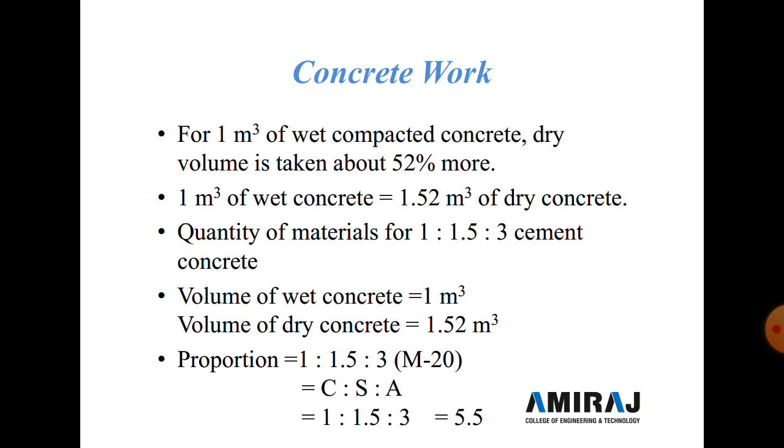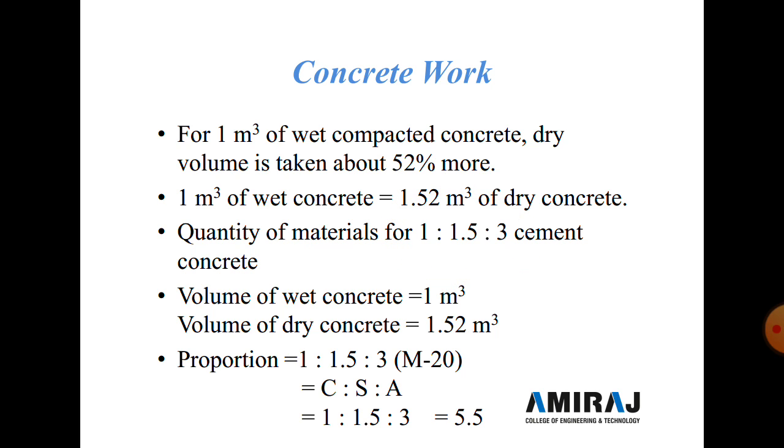So the total for 1 meter cube of wet concrete is equal to 1.52 meter cube of dry concrete. When we add water to the 1.52 dry concrete, we get 1 meter cube volume of wet concrete.